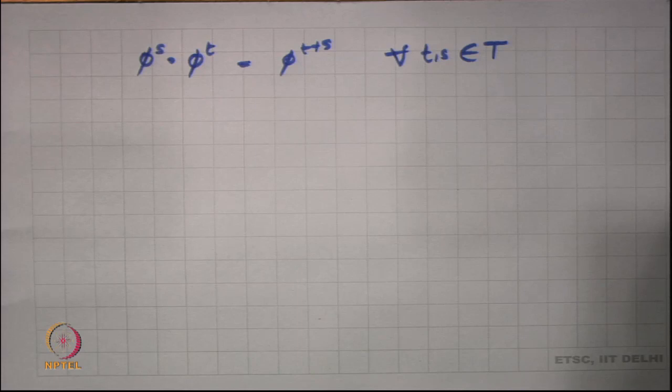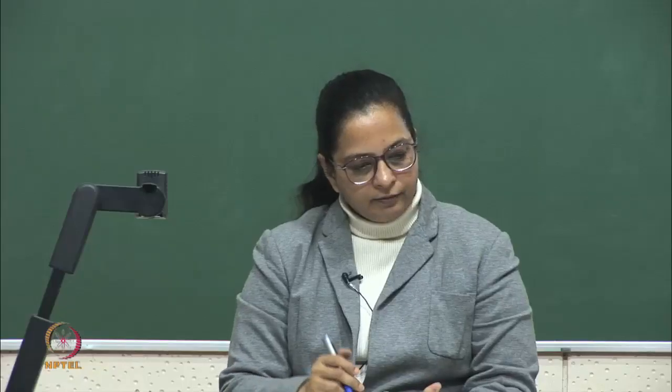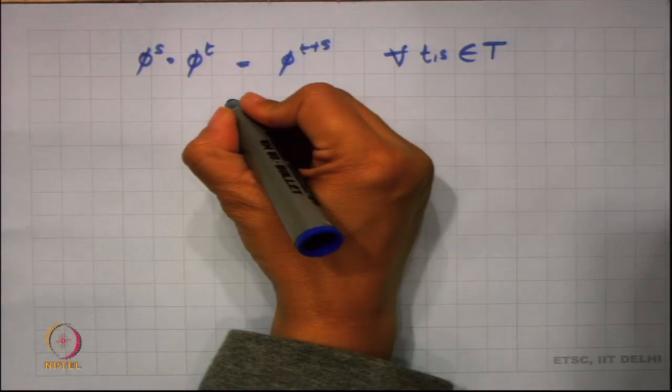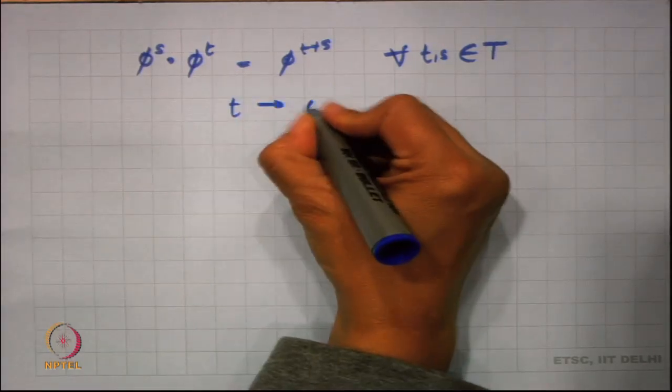Now what have we achieved? We have achieved an association, t goes to phi t.